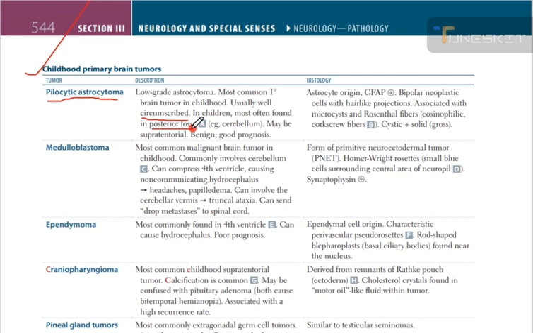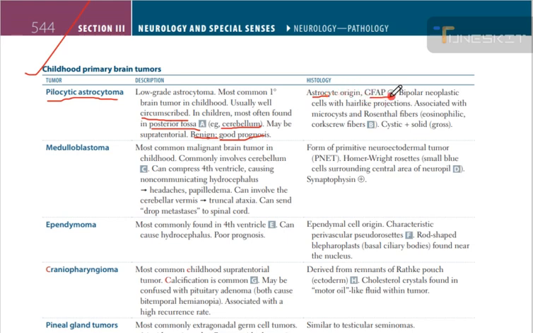Location is the posterior fossa. In the posterior fossa we have the cerebellum, and in the cerebellum we have astrocytes. It may also be supratentorial, and it is benign, as we discussed previously, and has a very good prognosis. Its origin is the astrocyte.